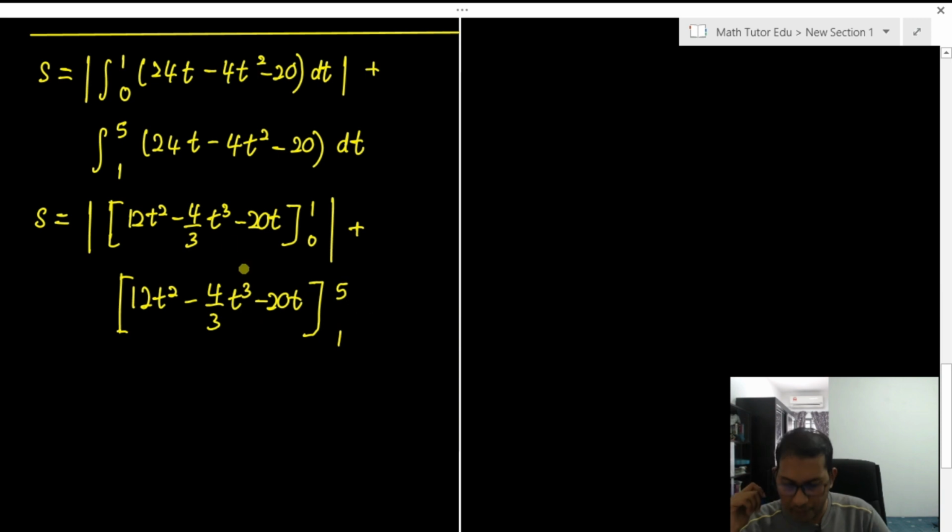Okay, so we have already performed the integration. So let us perform the integration one by one. Let us solve this particular set of integration where you have the upper limit of 1 and lower limit of 0.